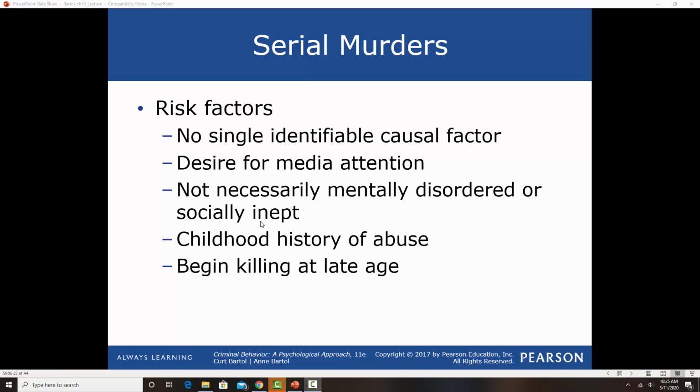Most get some type of sexual gratification from the victimization, and some of them begin killing at a late age. But by the way, there's also a very high number of serial killers who had some type of head trauma in childhood.